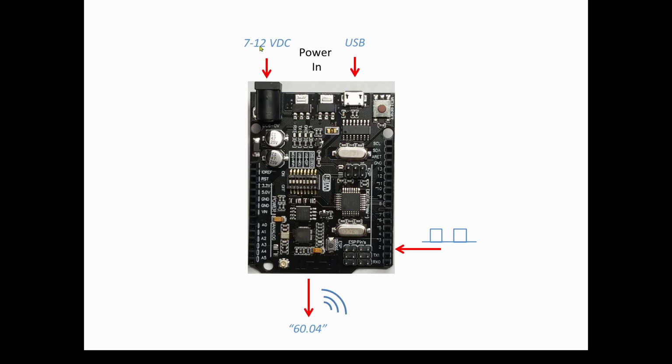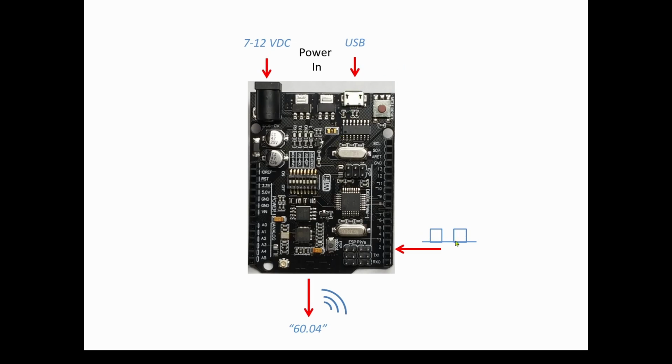On the top here, we've got power in into this barrel jack. It can accept 7 to 12 volts DC, or it can be powered by this USB. You can also communicate with it by this USB, or over Wi-Fi. But we basically are going to have two inputs, one for power and one for USB.